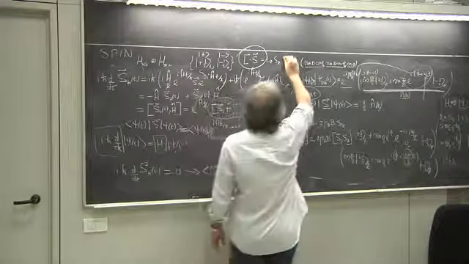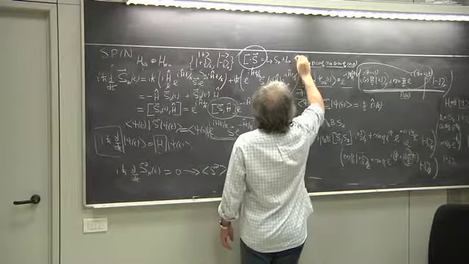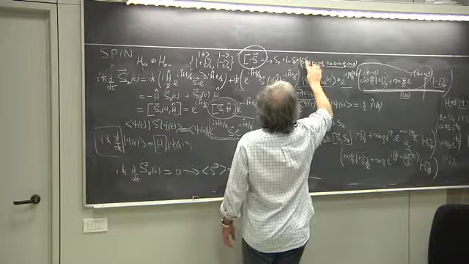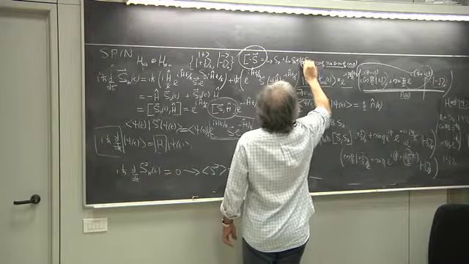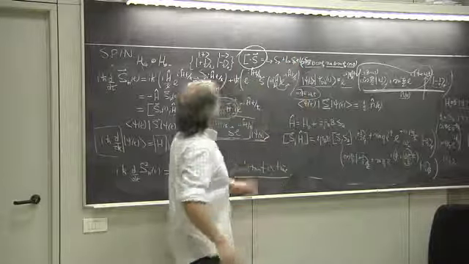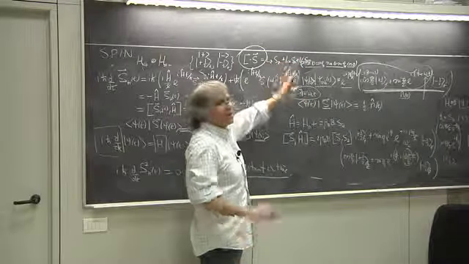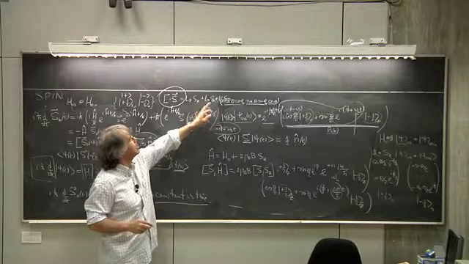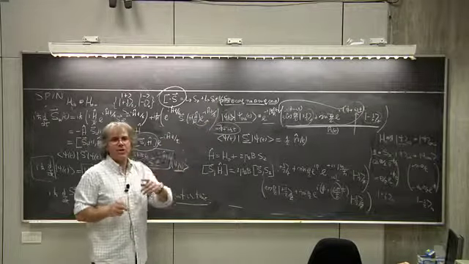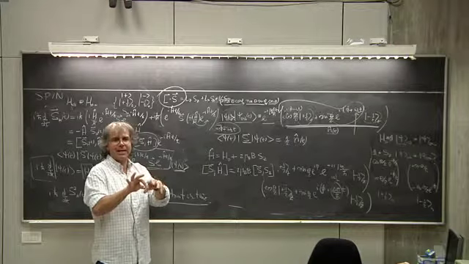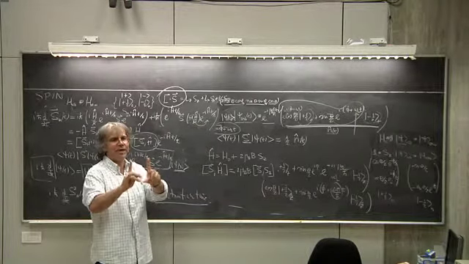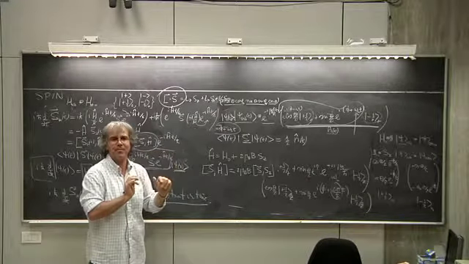But there are terms like Lx and Sx and Ly and Sy, which, when acting on any eigenstate of Lz or Sz, just change it, because these are, after all, combinations of L plus, L minus, S plus, S minus, okay? So you take an eigenstate of a certain spin given and Lz given, and this scrambles it, okay?